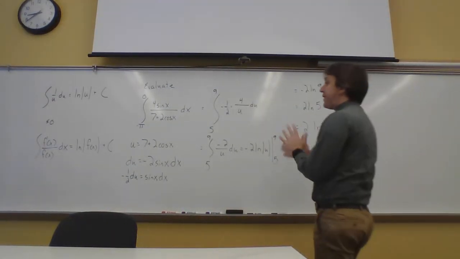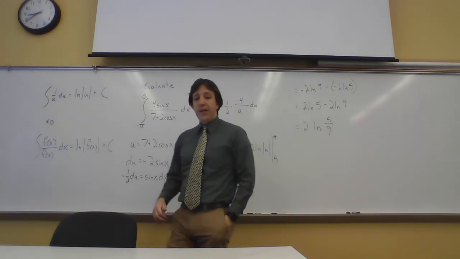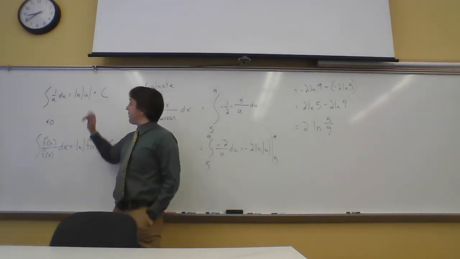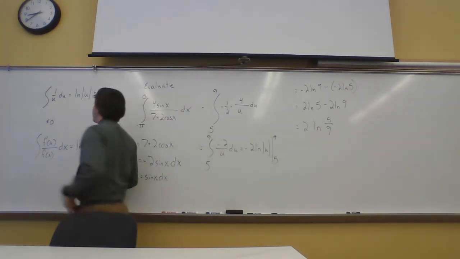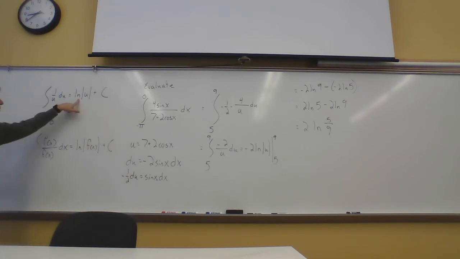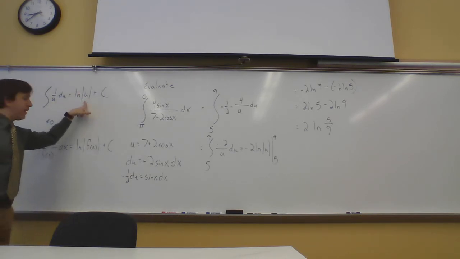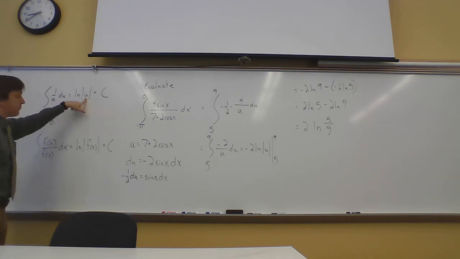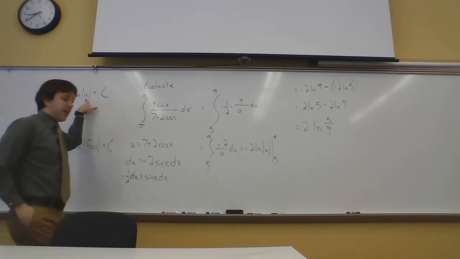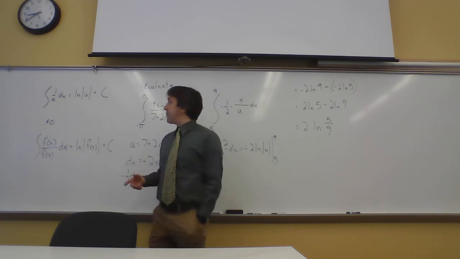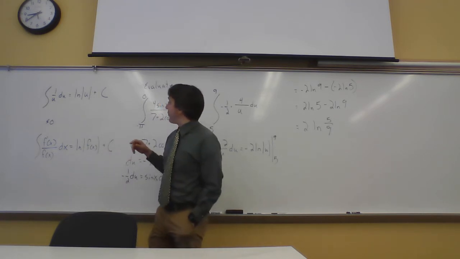Okay, so let's finish up looking at this section with natural logs. Let's do some integration. We have that the integral of 1 over u du is the natural log of the absolute value of u. Now we do have to have a positive value that goes inside our natural log, so we do need that absolute value just in case u is negative.